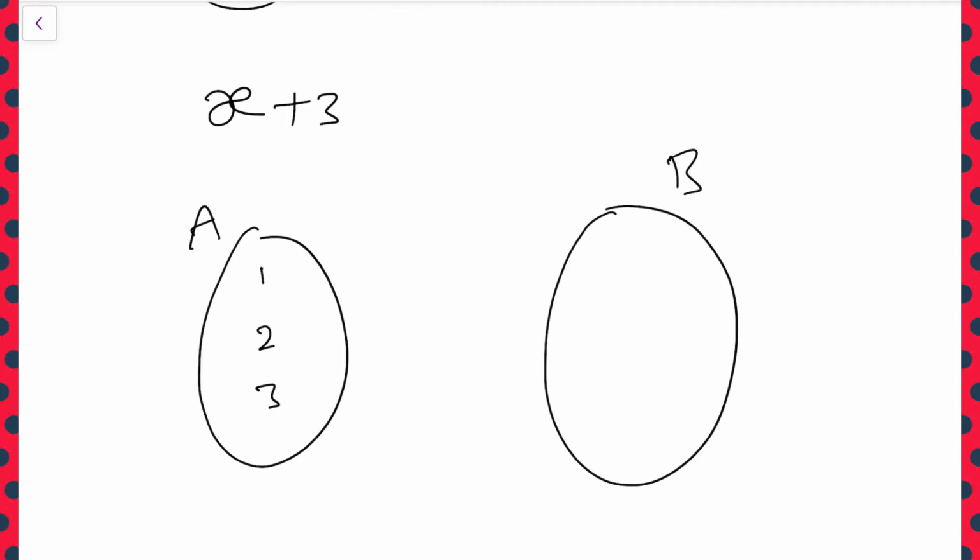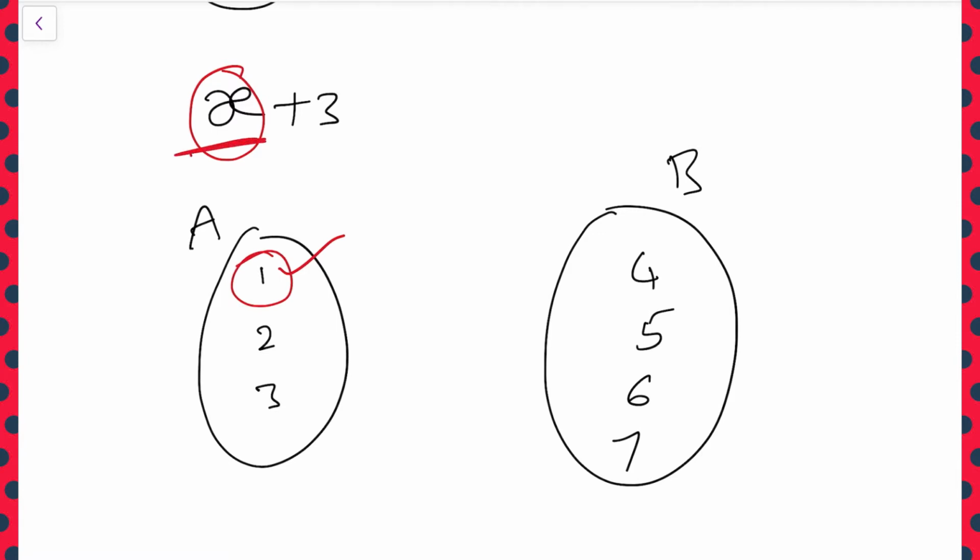And in set B, we have some elements like 4, 5, 6, 7. Now, one by one, I will substitute the elements from set A in the place of x. First element is 1. This 1 I will substitute in the place of x.